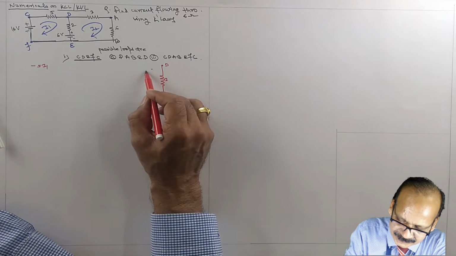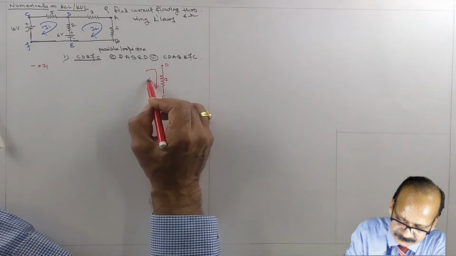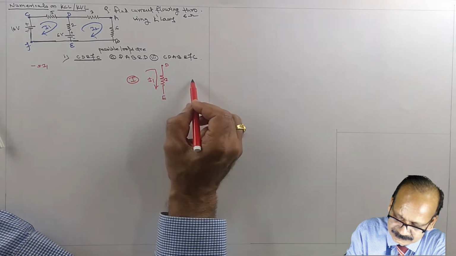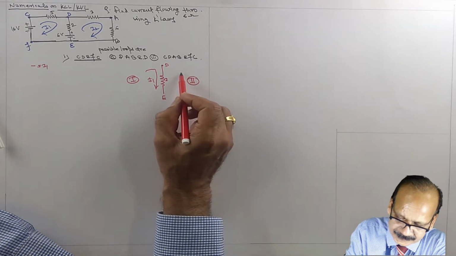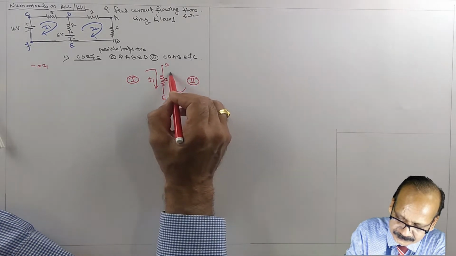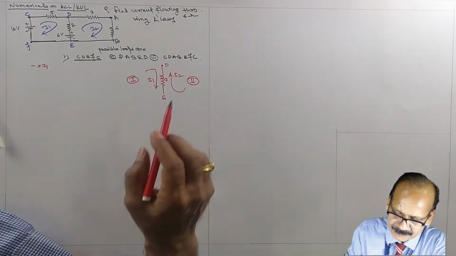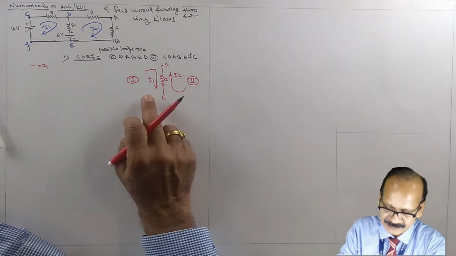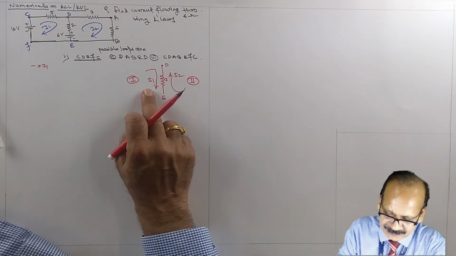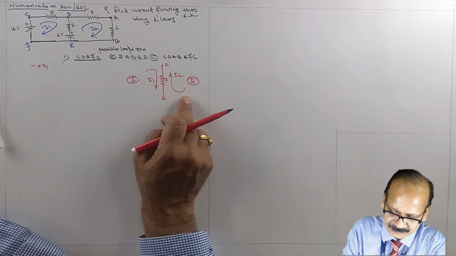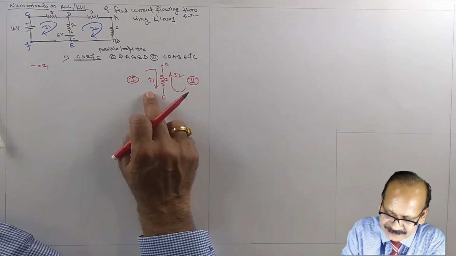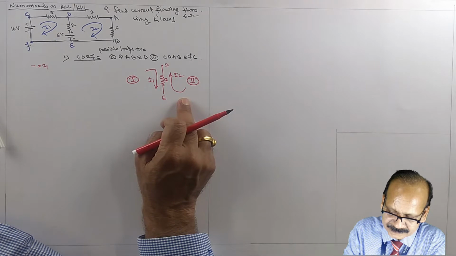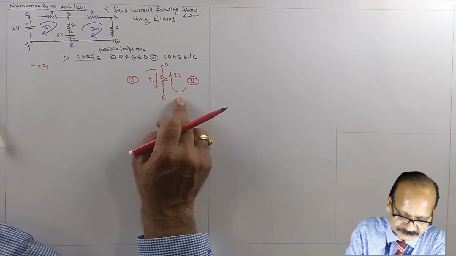The I1 is flowing downward. This is loop 1 and this is loop 2, and I2 is going up, and we are solving for loop 1. So we have to assume that this I1 is greater than I2. And as they are flowing in the opposite direction, we have to consider them as I1 minus I2.